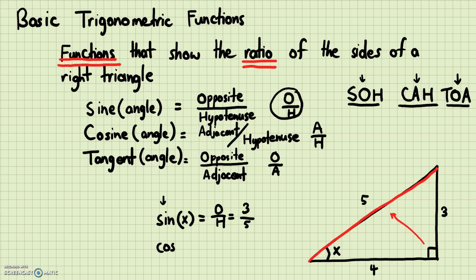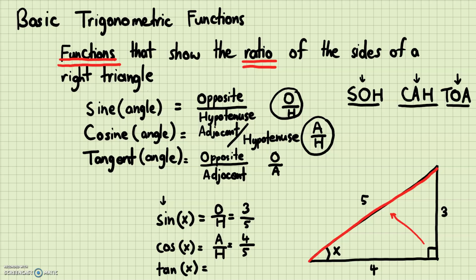How about the cosine of x? Remember, cosine is adjacent divided by hypotenuse. The adjacent side of x is the side that is touching x and is not the hypotenuse. So it's this side right here, which is 4. The hypotenuse, again, is 5. So the cosine of x is 4/5. And then how about the tangent of x?